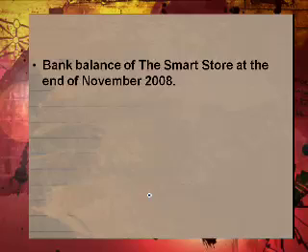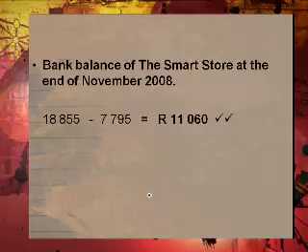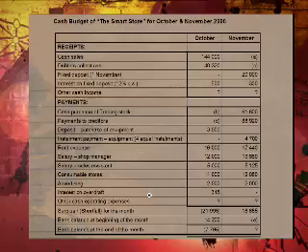Calculate the bank balance of Smart Store at the end of November. Very simple. From your information, take the figure that is given to you. Right. If you look at your cash budget, you can see that there was a surplus of that amount. Right. And from the previous month, there was an overdraft.